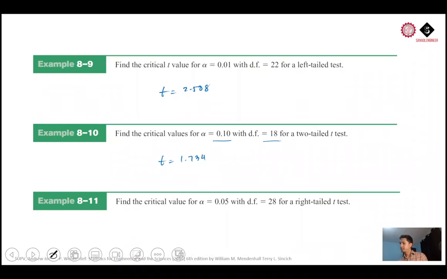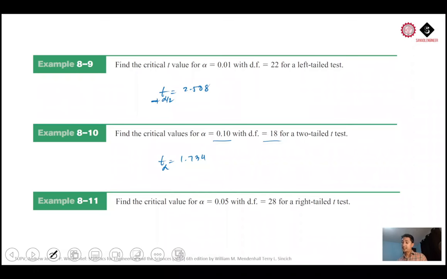This is alpha. It is just positive for right, negative for left tail, and then plus or minus for two tail, just to distinguish different t values.